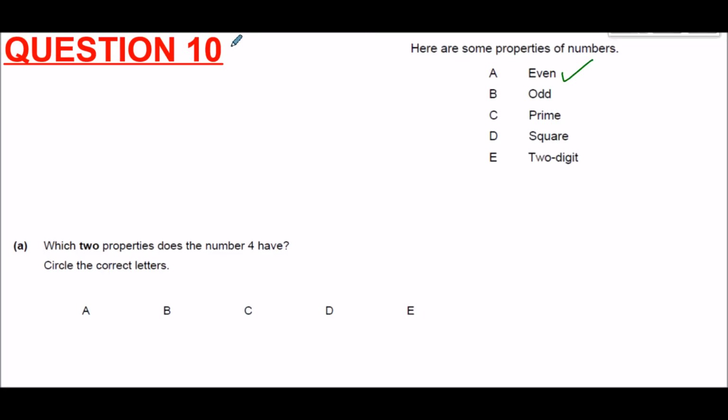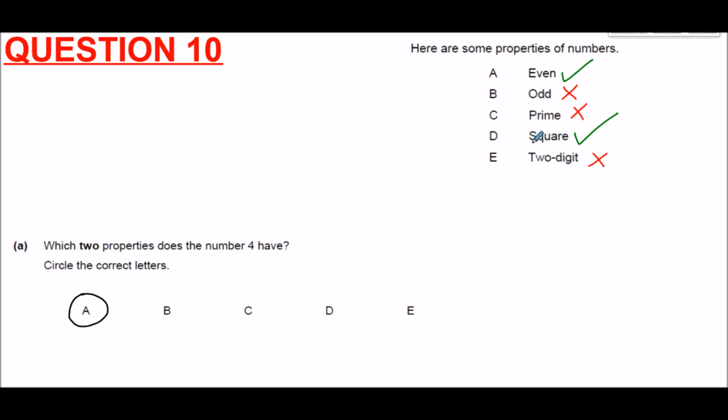So we can circle A. Because it's even, it's not odd. A number can't be odd and even, it's one or the other. It's not prime. And 4 is definitely not 2 digits. 10, 11, 12 are 2 digits, but 4 is definitely single digits. It is, by process of elimination, therefore also got to be this one we tick.